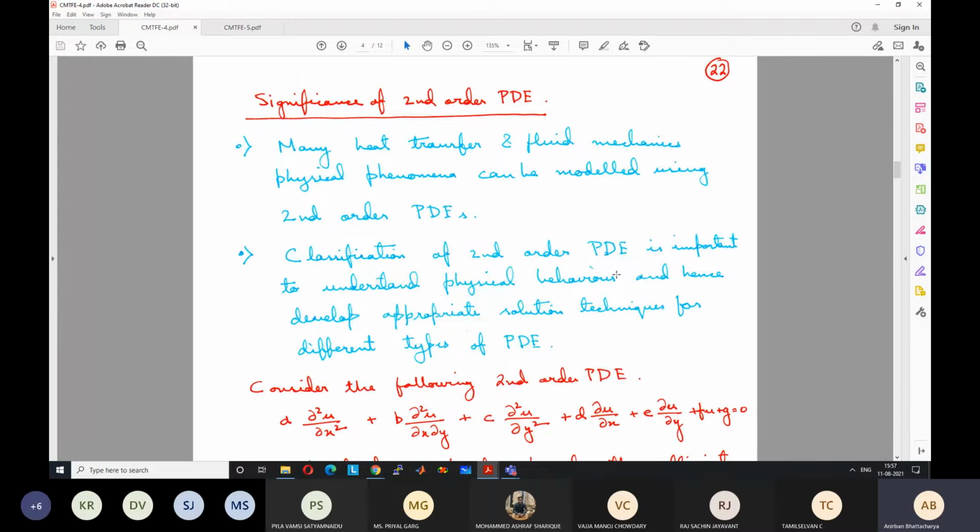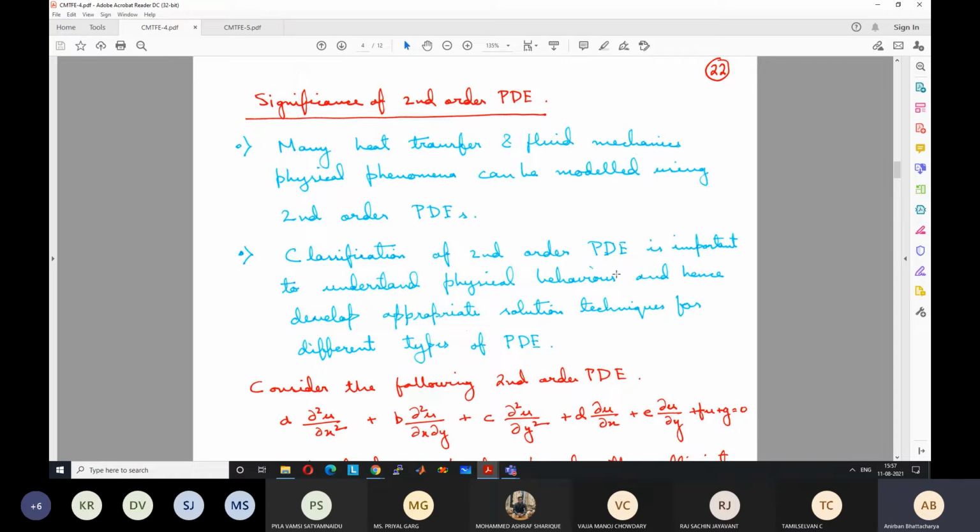We don't want to arbitrarily develop a numerical algorithm. We want to tune it so that it is best suited for a certain type of physical behavior. That's why we want to classify our second order PDEs in such a way that it gives us some information regarding the nature of the physics.